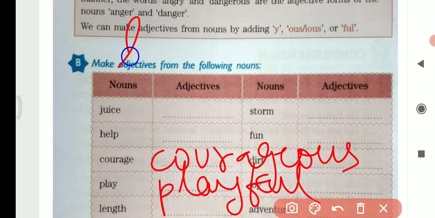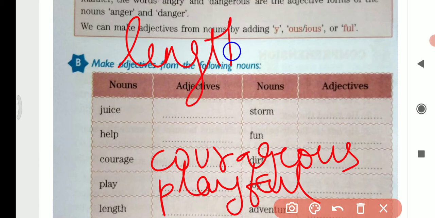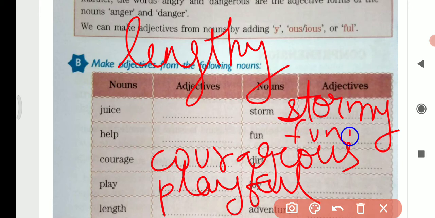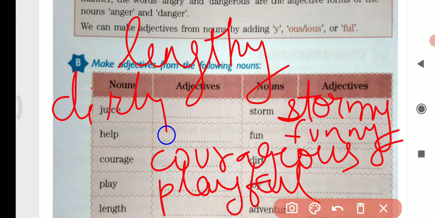I'm writing it here, lengthy. Next we have storm, stormy. Fun, funny. Dirt, I'm writing dirty over here, dirty. Next we have joy, joyful.